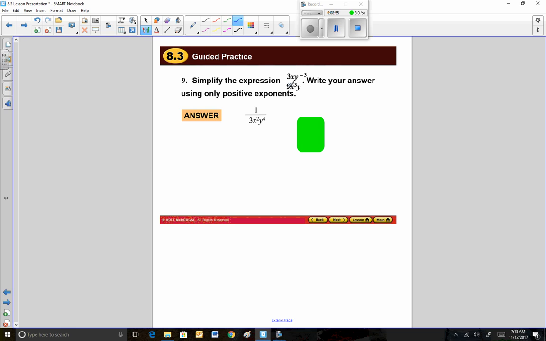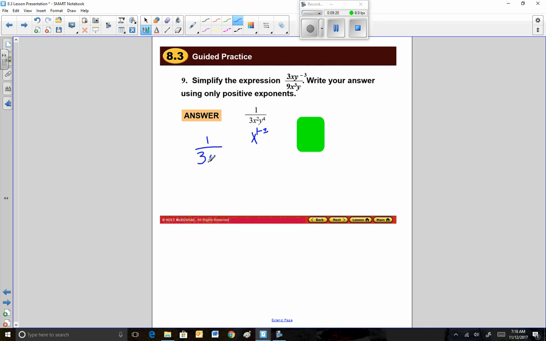We have 3 over 9. Well, that's 3/9. That can simplify to 1/3. X over x. So we have x to the 1st minus 3. So x to the, we have 1 minus 3. What's 1 minus 3? That's negative 2. So when we work on our x's, we get a negative 2.